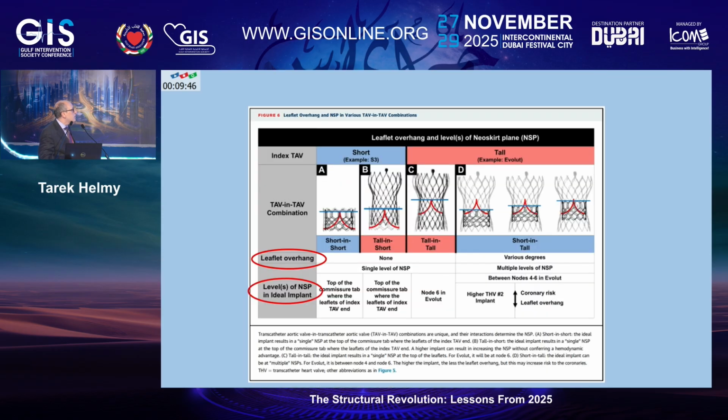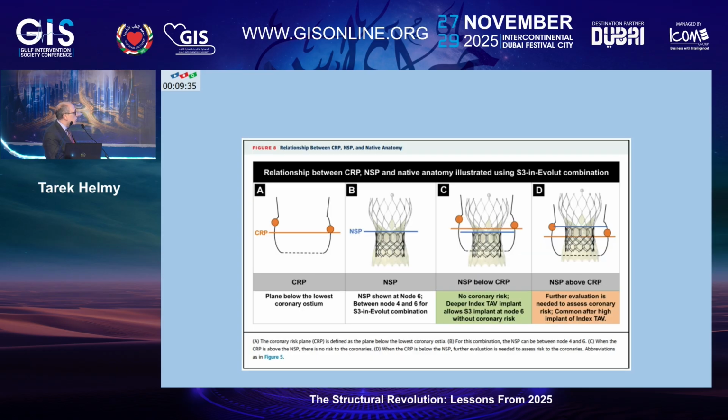The concept here comes from leaflet overhang, the concept of neo-skirt placement, the outflow plane, and of course the coronary risk plane. And what you want to see is that your coronary risk plane is higher than the neo-skirt.